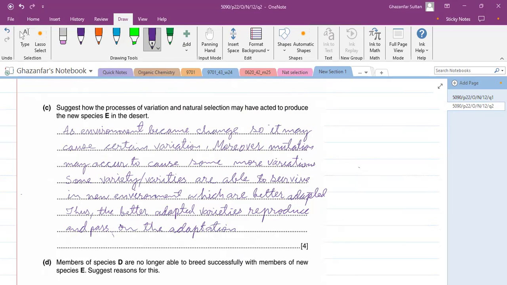This cumulative effect, or the effect over many generations, leads to the development of a new species, or the process of speciation.